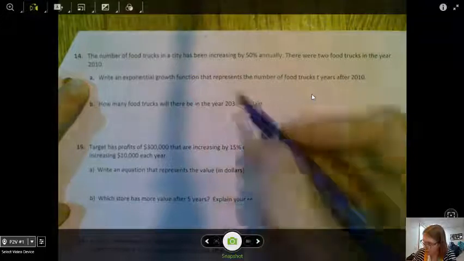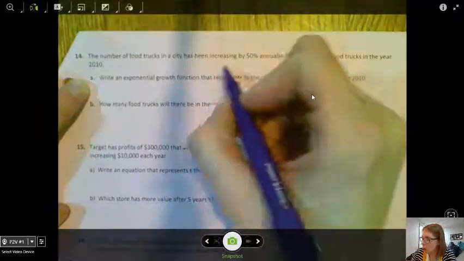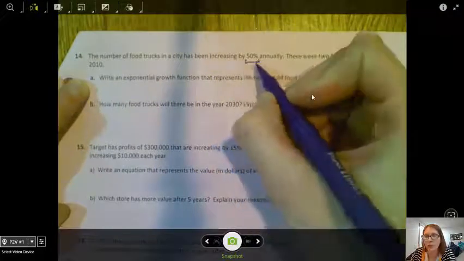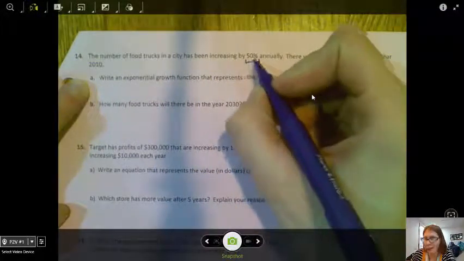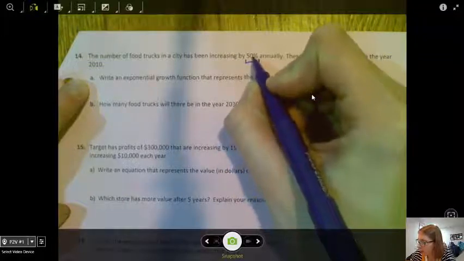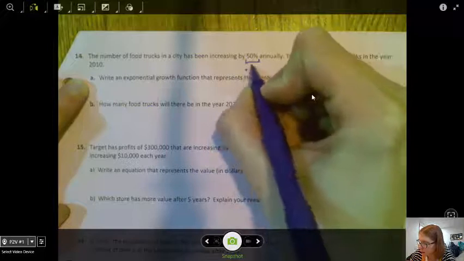So first of all, I know I have an exponential growth function, and I know we increase 50% annually. Let's start here and figure out how to write 50% as a decimal. 50%, move the decimal point 2 spots, and it's 0.50.